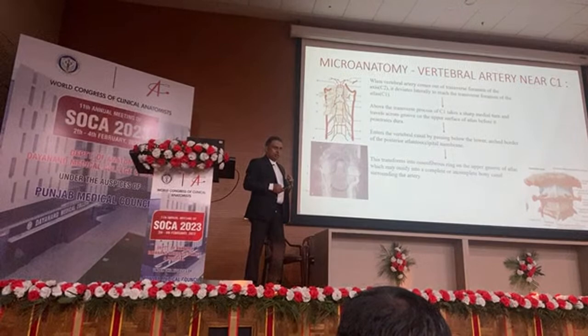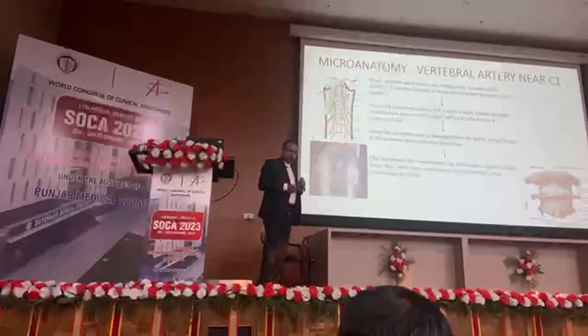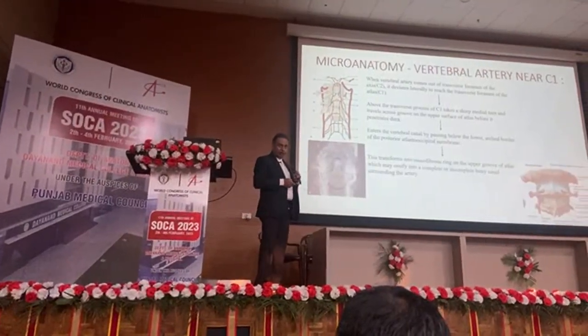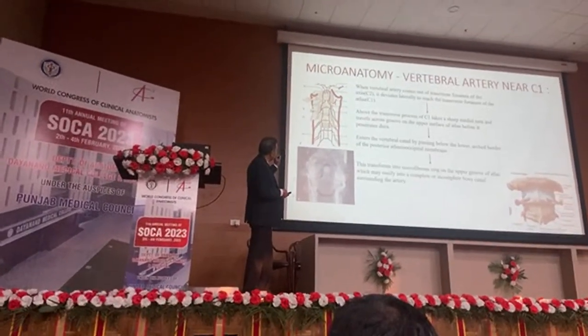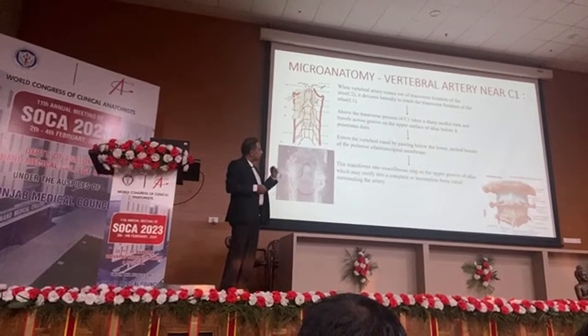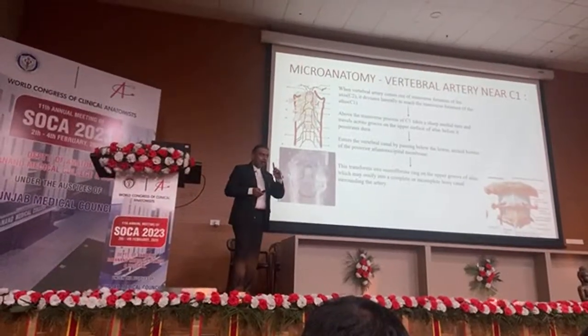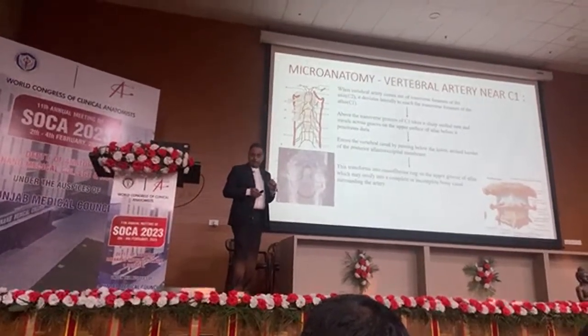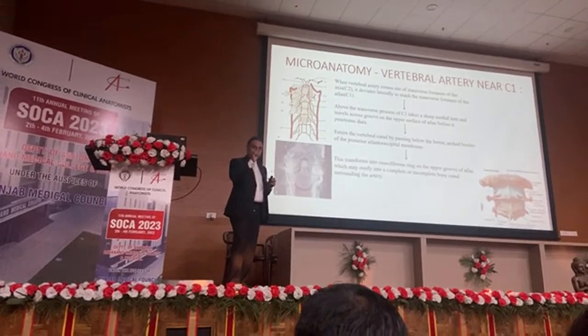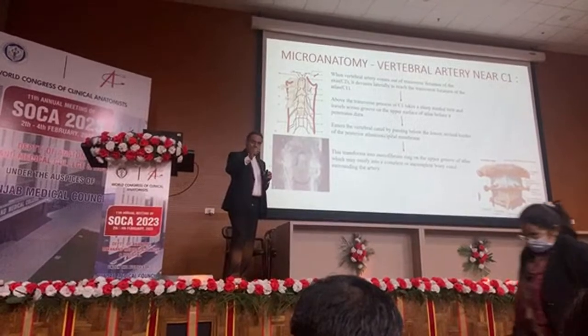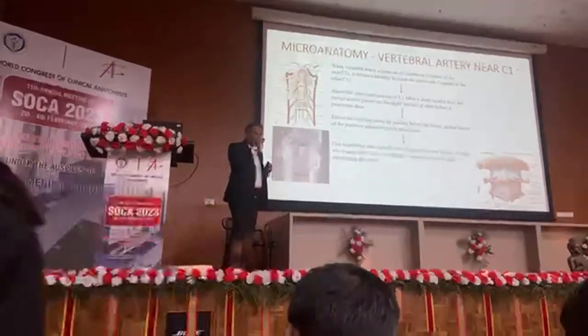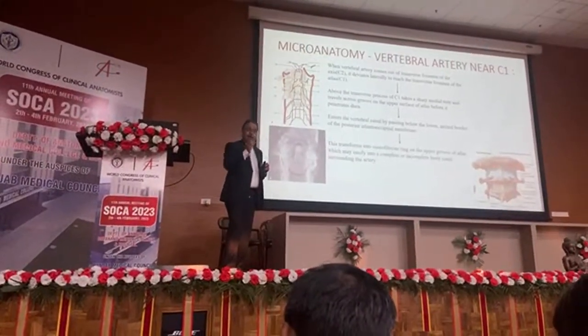Now, because there are neurosurgical students also, or MCh students sitting here, I have tried to show something about the microanatomy of the vertebral artery near the C1 area, from where it comes out of the foramen transversarium and enters intracranially.